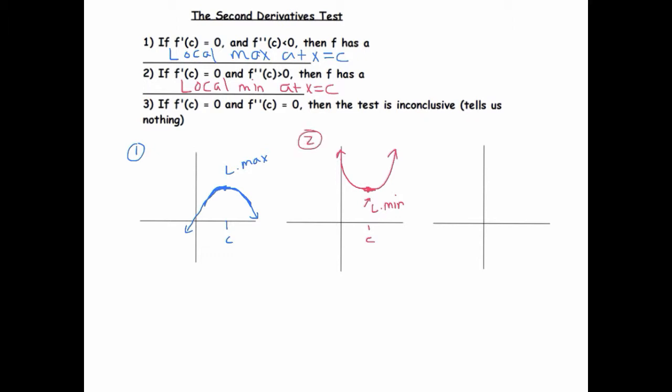However, if the first derivative is 0 and the second derivative is 0, you can't use this test. And this graph will convince you why. Let's take a look at, for instance, f of x equals x to the fourth. That looks like this. It's like a parabola, but flatter at the bottom.